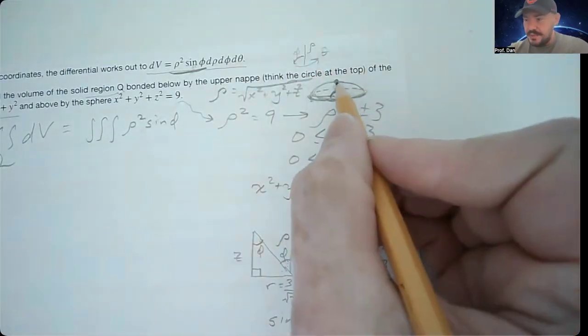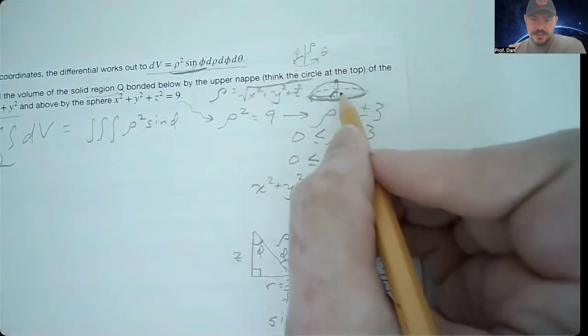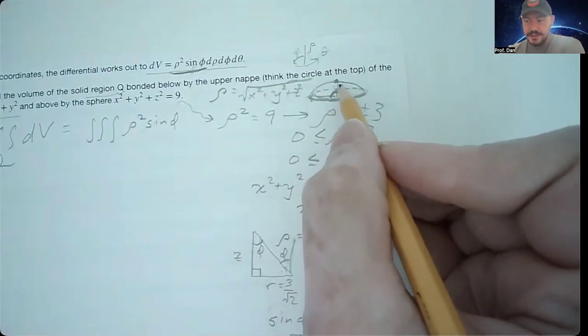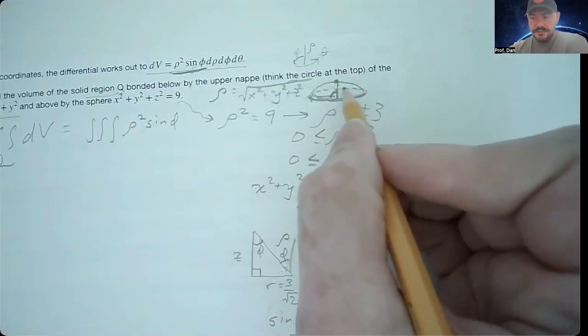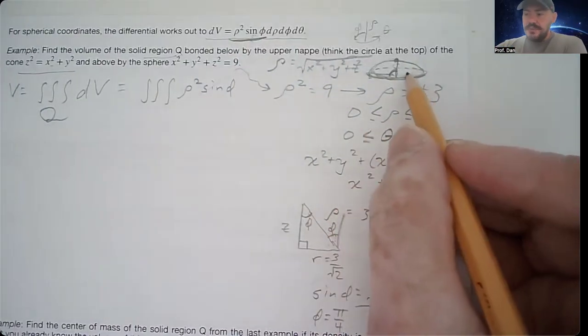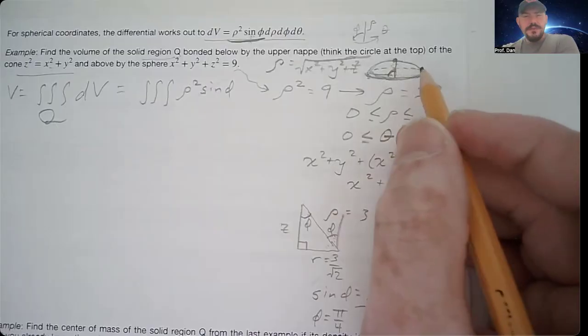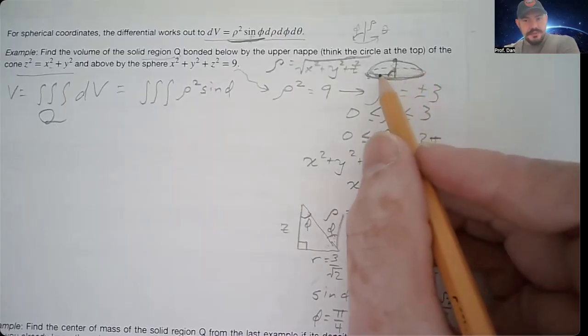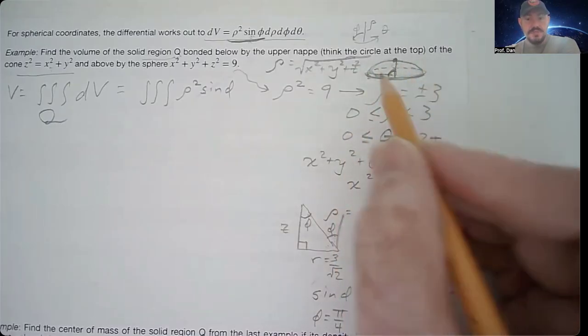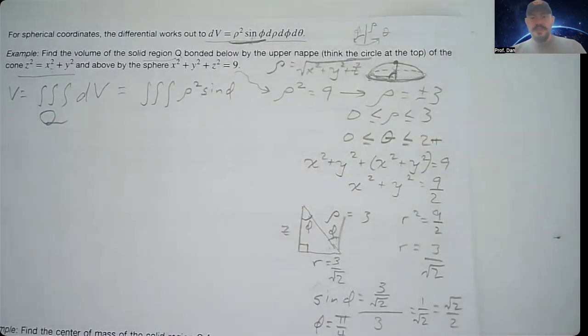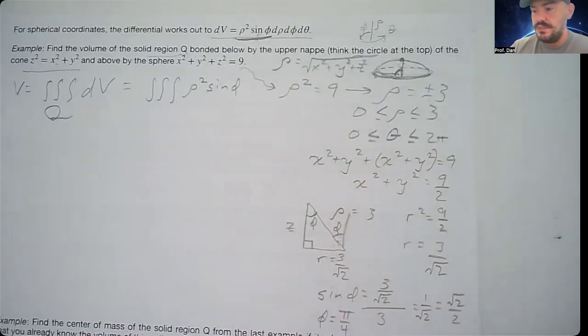So phi for any point in this three-dimensional object is going to be somewhere between 0, that's this part, and pi over 4. And you might be thinking, well, wouldn't we go from negative pi over 4? No, because you remember also take theta into account, and that gives you what you would get from the negative value of phi.